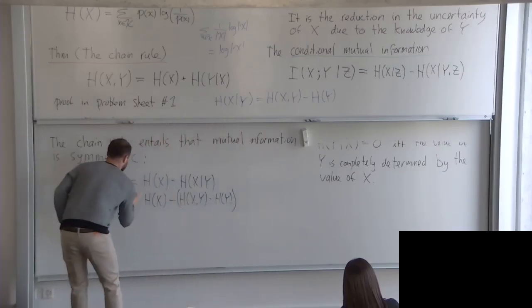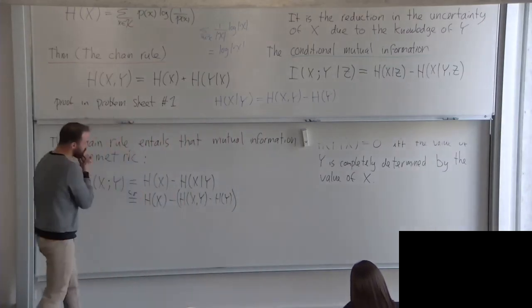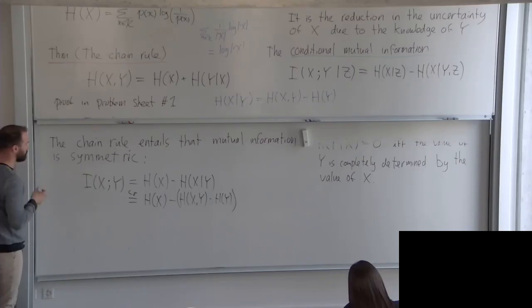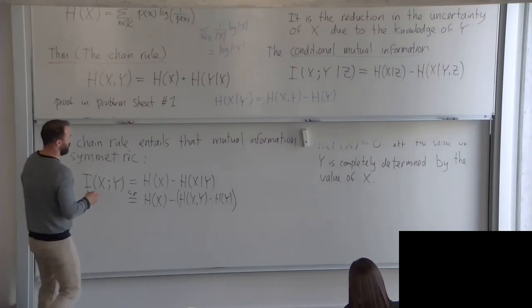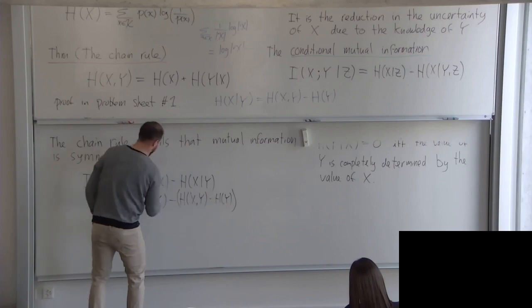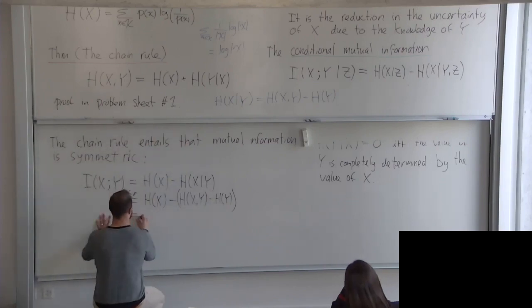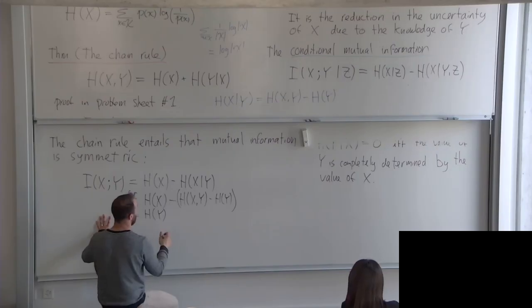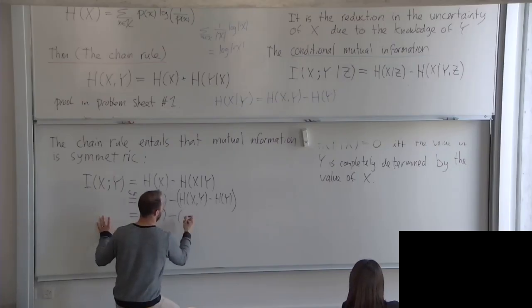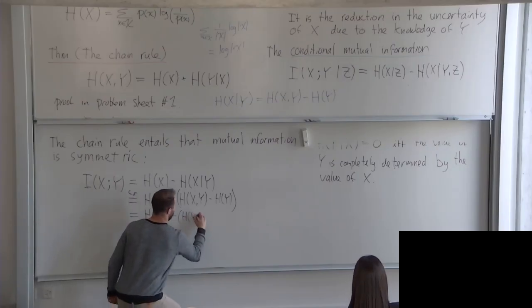So that's the first application of the chain rule. And then minus H of y, that's plus H of y. I'm just going to rewrite it here, and I have minus, I'll keep this one here, H of x, y.